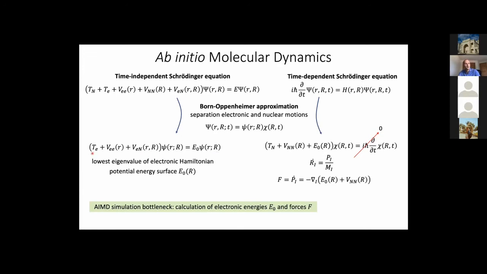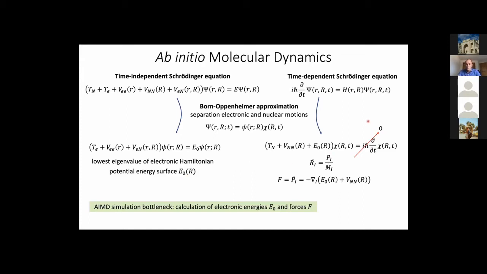electronic and nuclear wave functions, which simplifies our problem. And here we have the electronic Schrödinger equation, where the eigenvalues of the electronic Hamiltonian represent the potential energy surface on which we can propagate the nuclei.